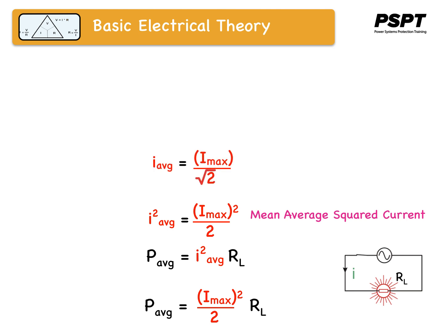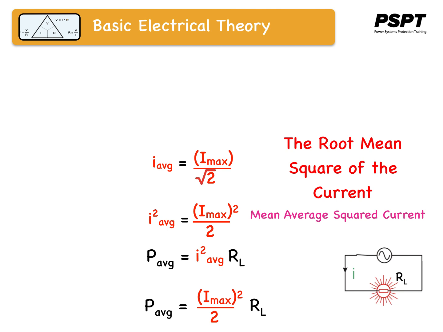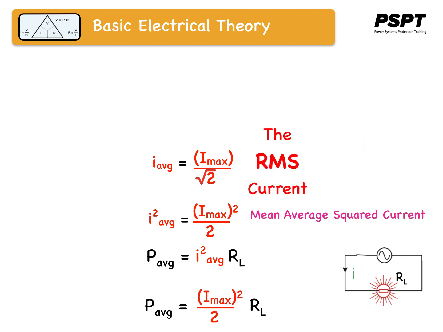And the square root of both sides of that equation leaves us with I average is equal to I max all over the square root of 2, which is the square root of the mean average squared, which is a mouthful, and that's usually shortened to the root mean square of the current, or the RMS current.